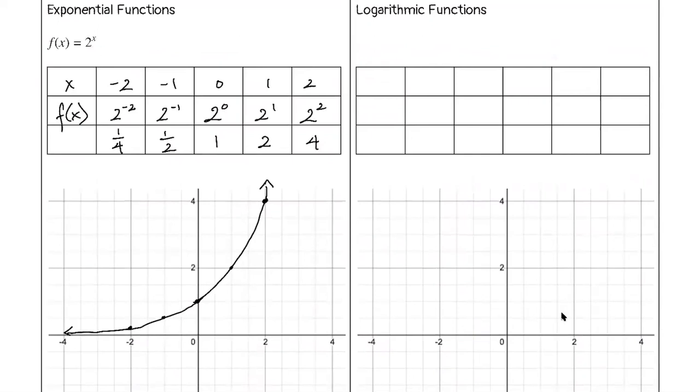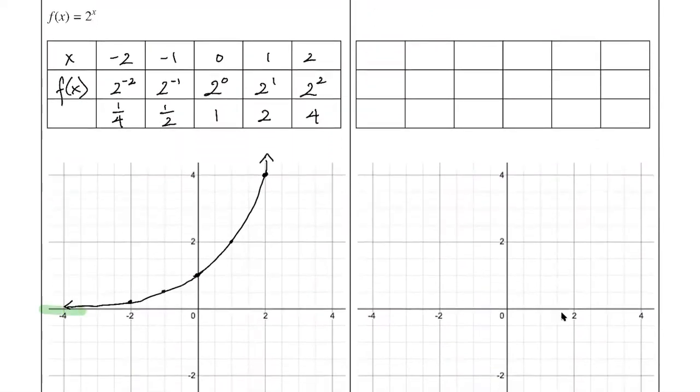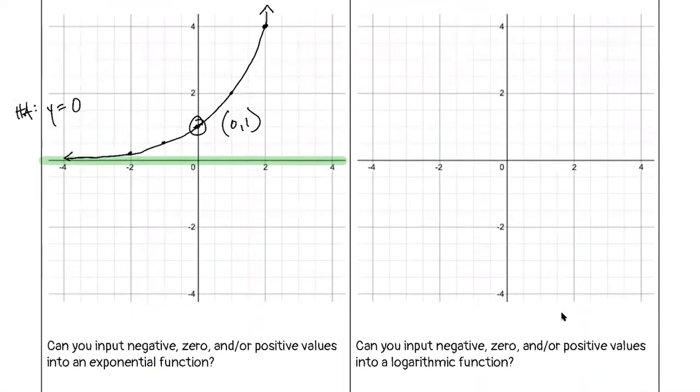We know it's exponential growth. We know that there is a horizontal asymptote. We know that our center point is (0, 1), and we know that this horizontal asymptote is y equals 0. Those are all things that we know.